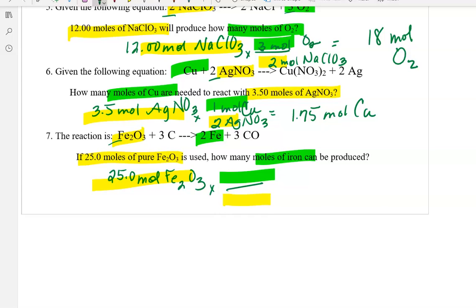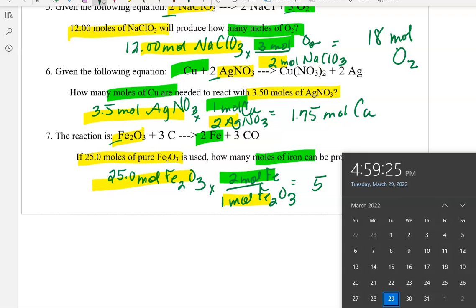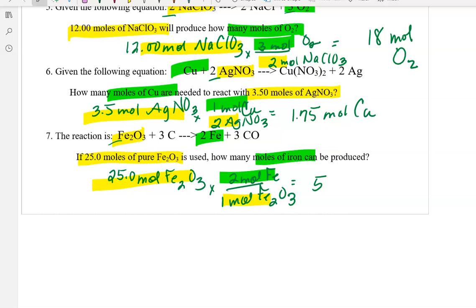The coefficient in front of iron 3 oxide is 1 mole Fe2O3 and 2 moles of Fe. So therefore, if you have 25 moles of pure iron 3 oxide and it reacts with carbon, you're going to liberate 50 moles of iron. And that is mole-to-mole stoichiometry.